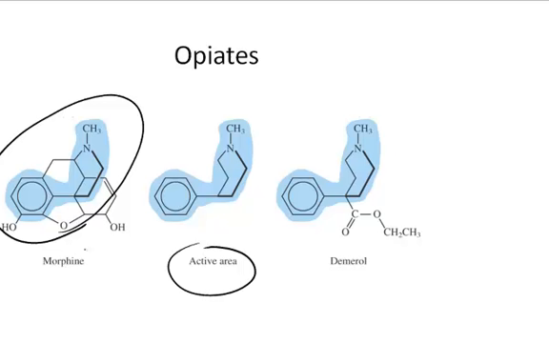So what chemists have done is designed another drug that has the same active site but a much easier, cheaper synthesis process, not as many steps, easier to make, cheaper all the way around, as morphine. And by making this new molecule less complicated, the drug activity was changed slightly.